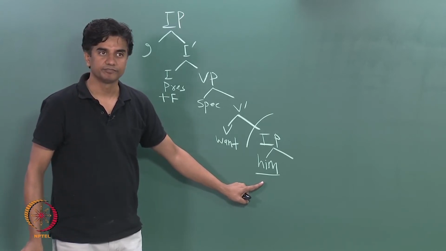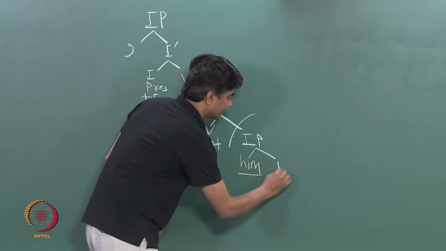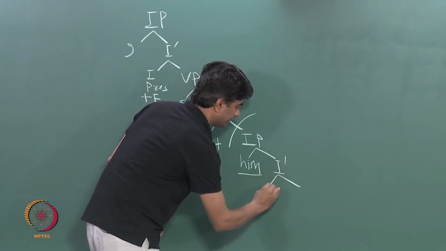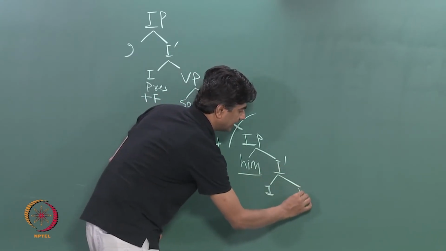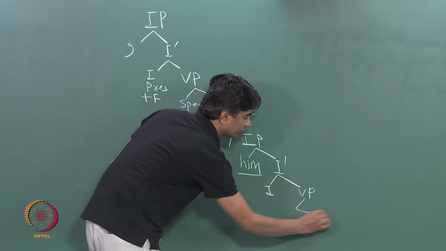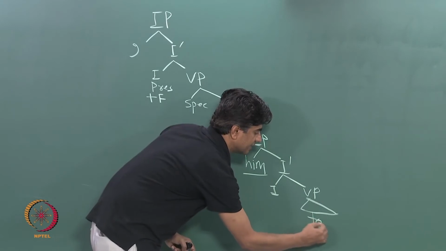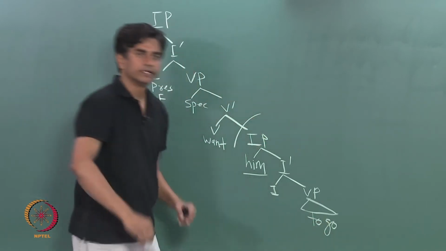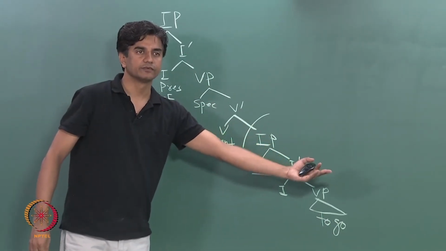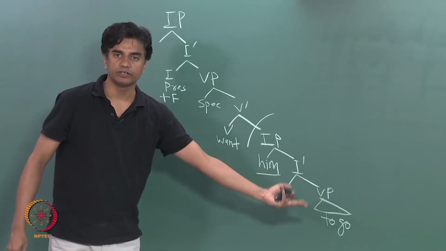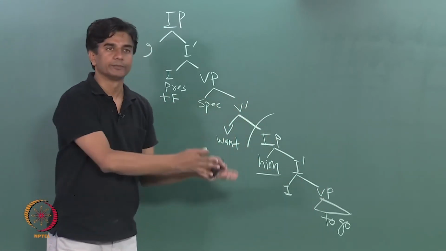You see this thing? So, hold on. So, now we have I, here is our I and here is our VP, and for simplicity, I am going to put it as "to go," where there is no complement of this verb "to go," it's an intransitive verb, and we can put them together.